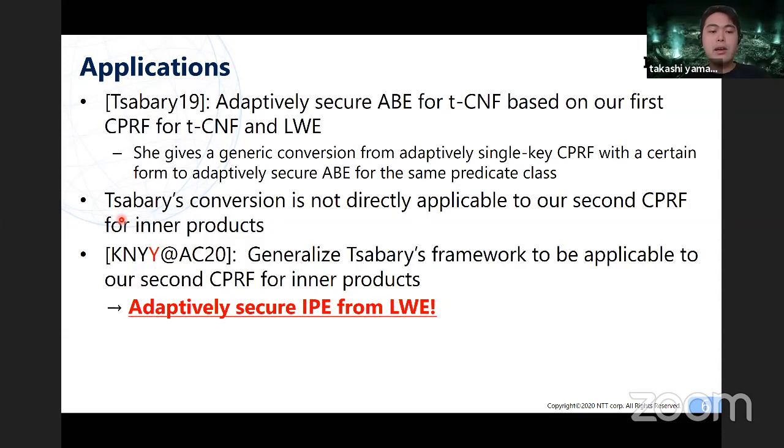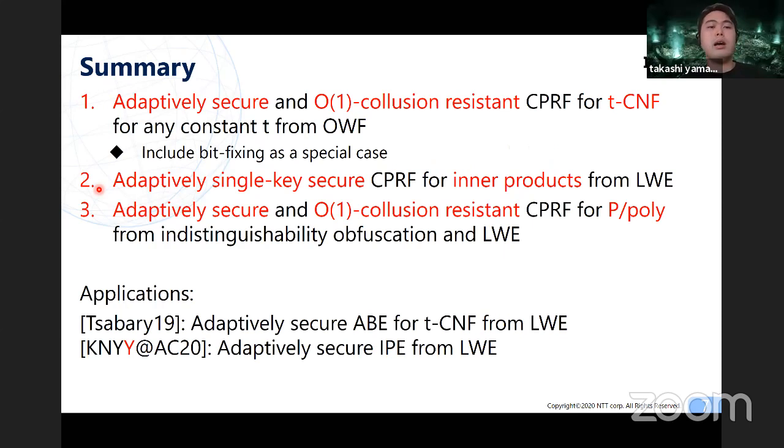On the other hand, in our recent work, which will appear at Asiacrypt this year, we generalized her framework to be applicable to our second CPRF for inner products. As a result, we obtained the first construction of adaptively secure IPE from LWE, which has been open for almost a decade. And this is the summary of my talk.